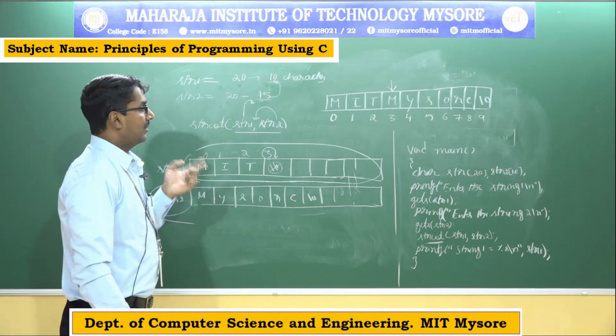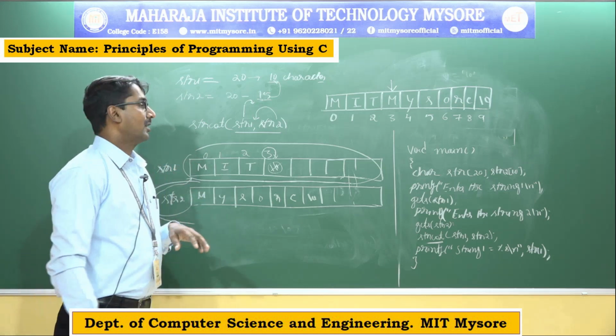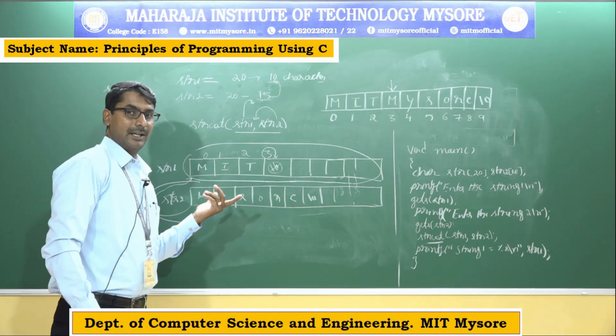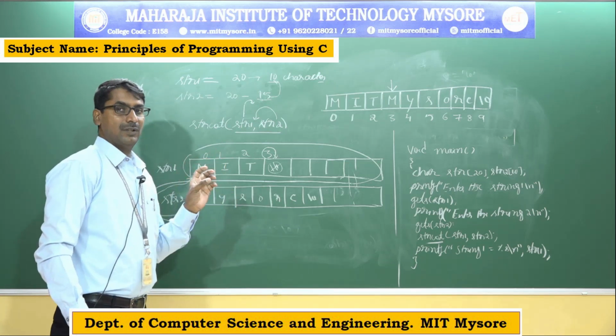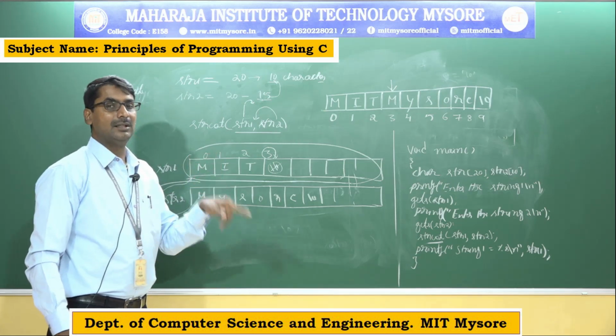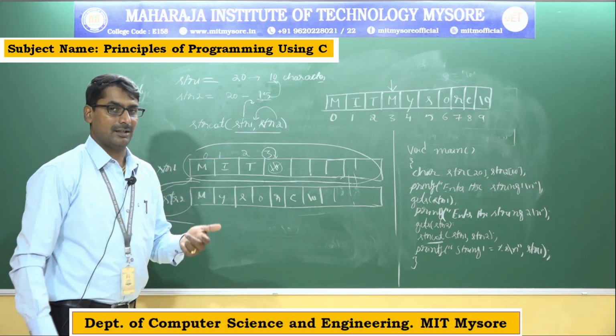Similarly, when performing a string copy operation, the content of one string is copied to another string. So the size of the destination string must be greater than or equal to the size of the source string.